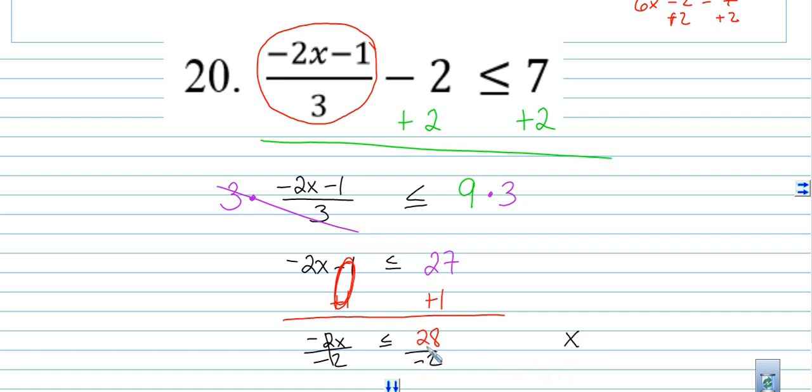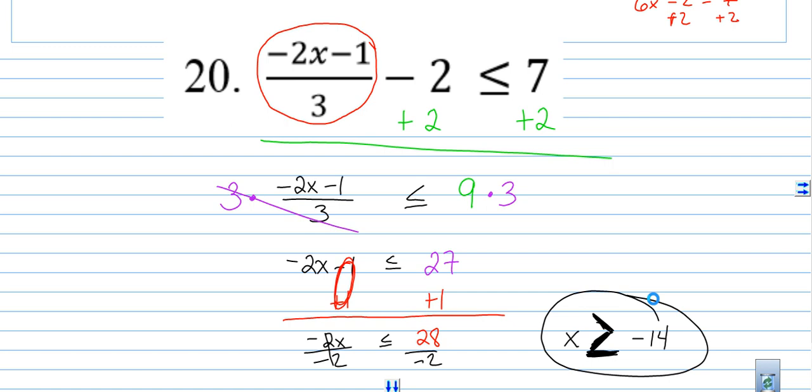And 28 divided by negative 2 is negative 14. Notice how we divided by a negative, so we change the sign. So our final answer becomes x is greater than negative 14.